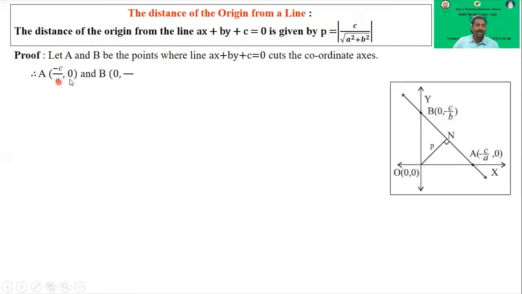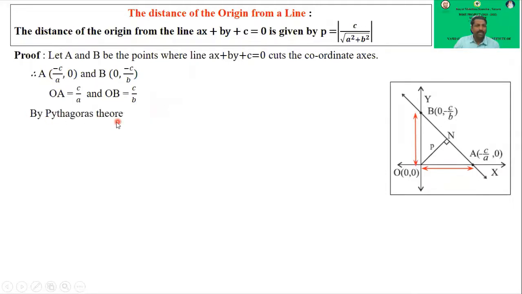So A is (minus c by a, 0) and B is (0, minus c by b). This is the distance OA, which is c by a, and this is the distance OB, that is c by b.